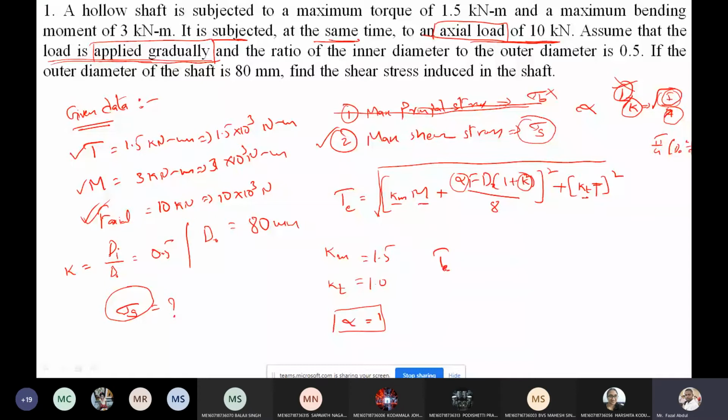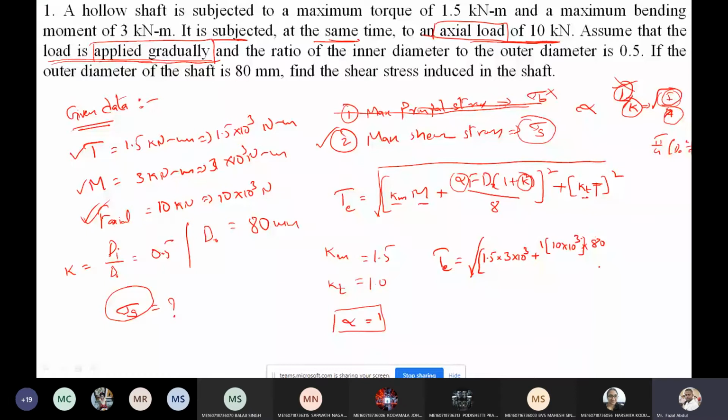Te equals Km as 1.5, 1.5 into M value, how much is given? 3 into 10 to the power of 3, plus alpha as 1, F as 10 into 10 to the power of 3, into outer diameter, how much is given? Outer diameter is 80 mm.